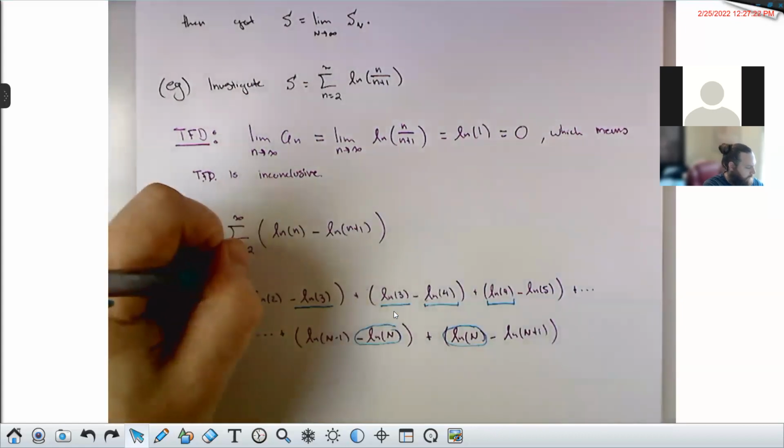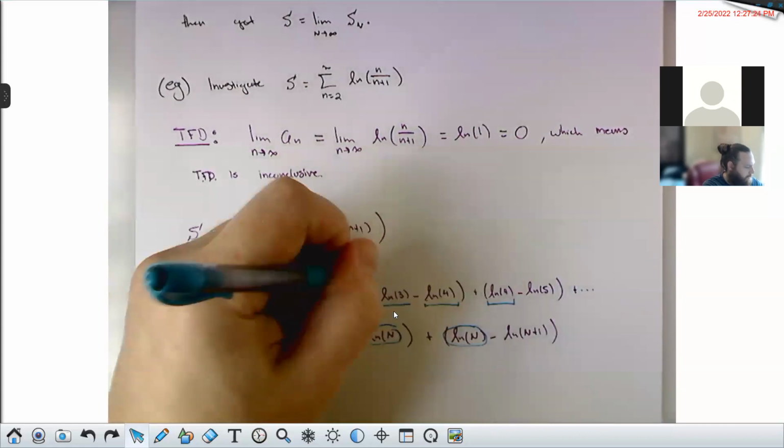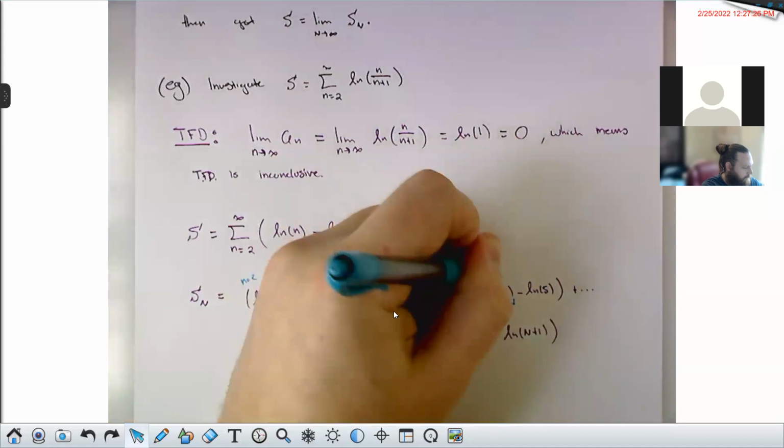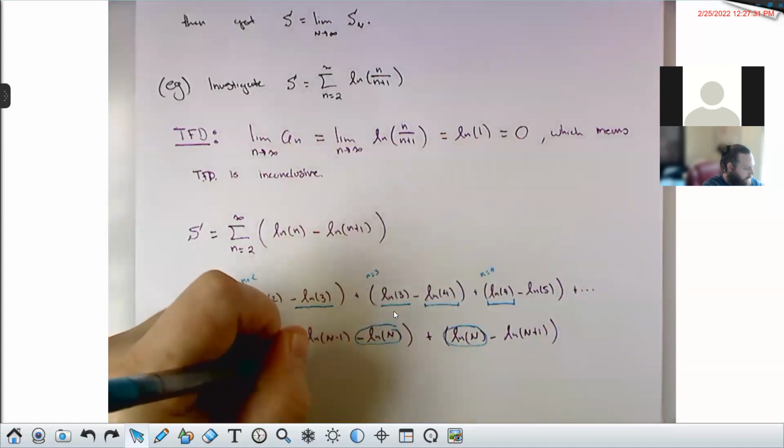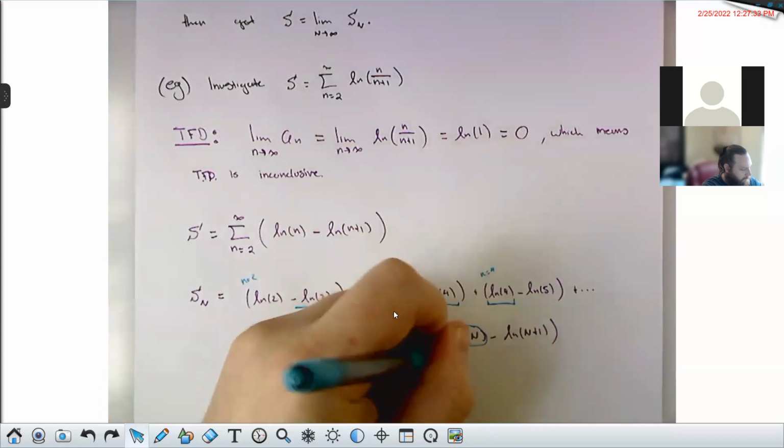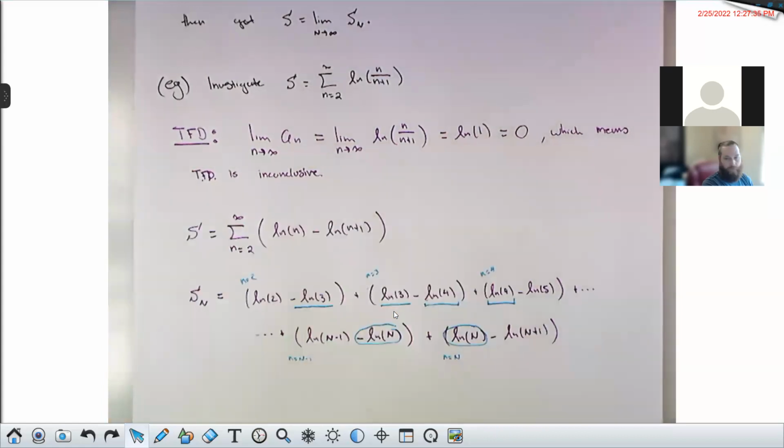This was the n equals 2 term. This is the n equals 3 term. This is the n equals 4 term. This is the little n equals capital N minus 1 term. This is the little n equals capital N term. What you see here is that we really have just written out the capital N partial sum. And we see a lot of these terms cancel. The question is, what remains?